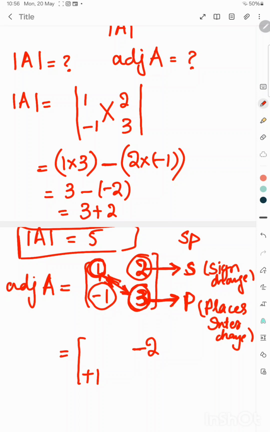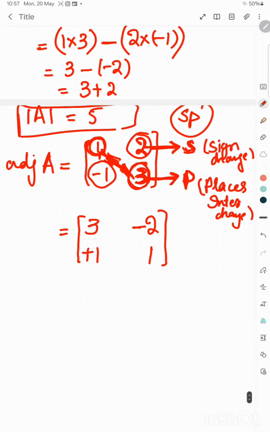That is, 3 will go here and 1 will come here. So the places of these two numbers are interchanged. Student, you see, it's really simple. You just have to remember the trick so you don't get confused. SP is the trick: S is for sign change and P is for places interchange. So here we get the adjoint of A.